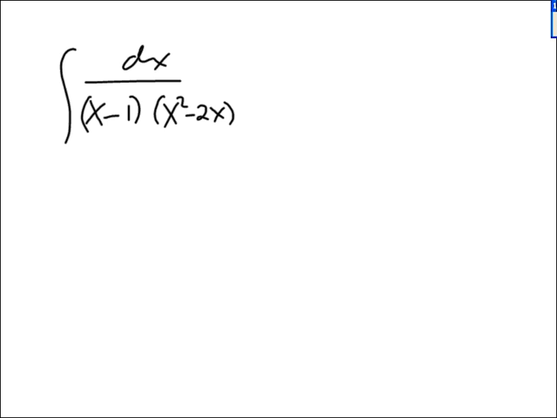Okay, let's try this one. Suppose you have dx over x take away 1 times x squared minus 2x, all under the square root sign.